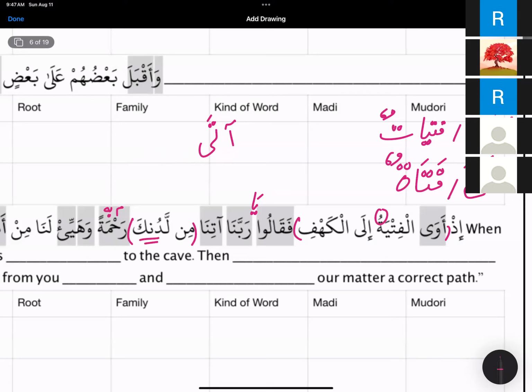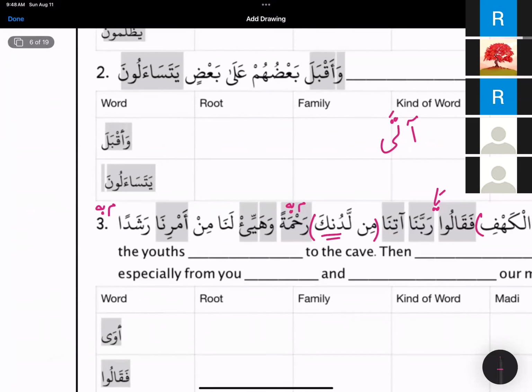Ladun is a zarf, right? What kind of zarf is Ladun? Special. Yeah, but zarf zaman or makan? Makan. Okay, so this is zarf makan and kaf is its mudaf ilayhi. So you bless us, especially from you, Rahma. And this Rahma is simply mafulun bihi over here.